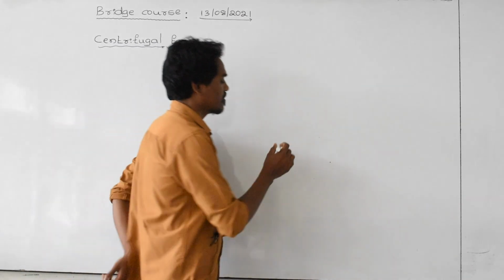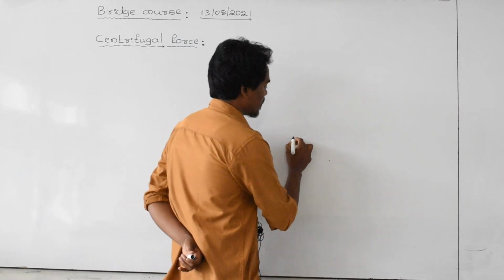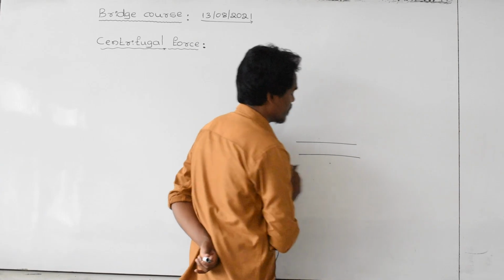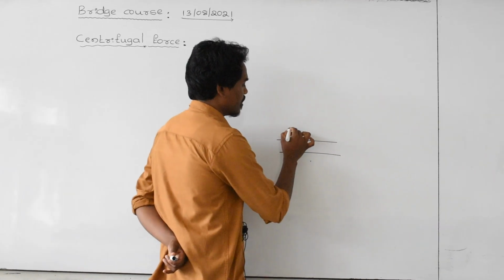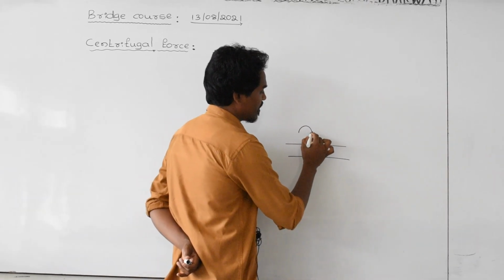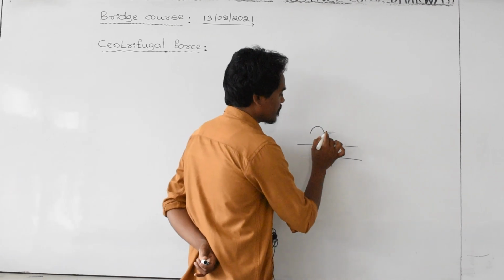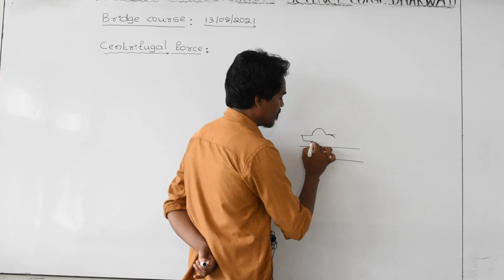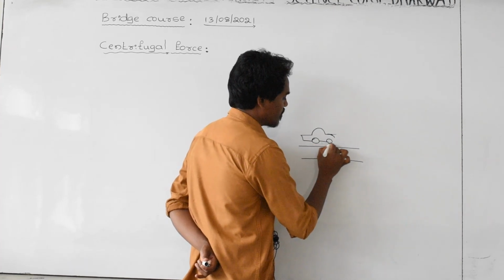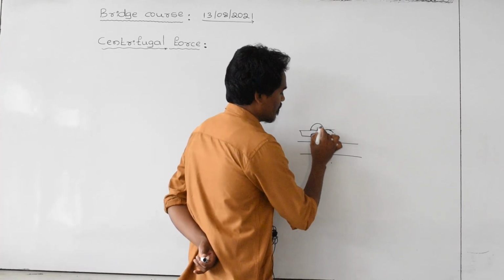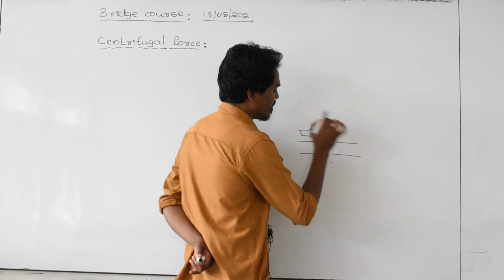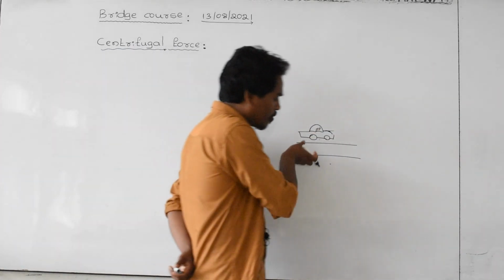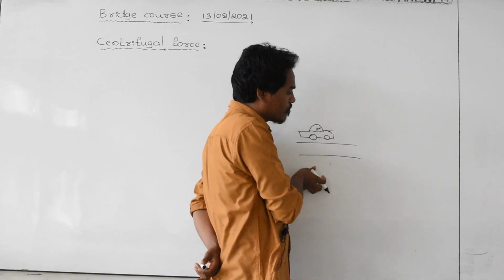Let us take a straight road, and imagine you are traveling in a car. This is the vehicle, and the person is driving the car on an exactly straight road.